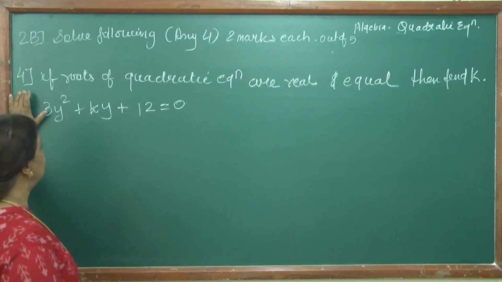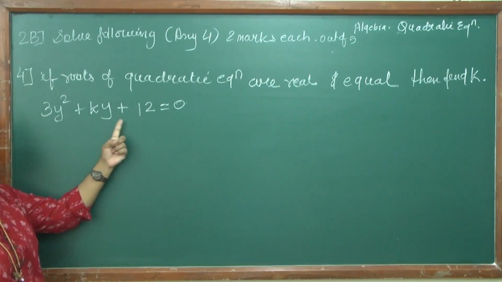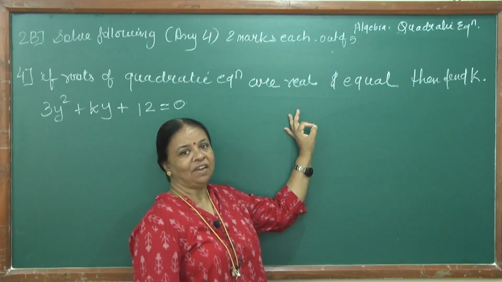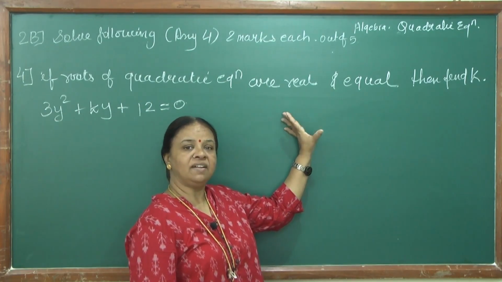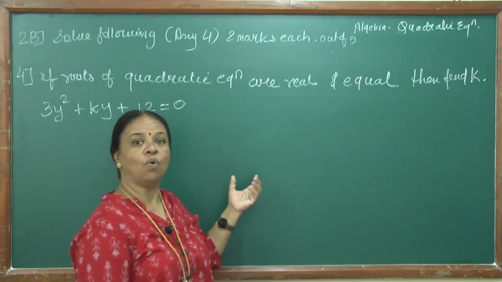The fourth sum: if the roots of the quadratic equation 3y square plus ky plus 12 are real and equal, then find the value of k. The roots are real and equal. Children, when roots are real and equal, what happens?